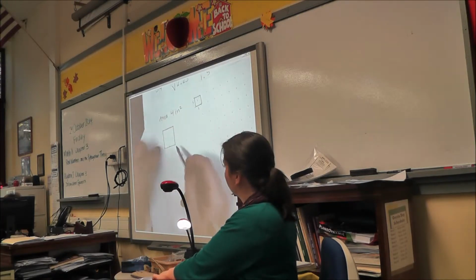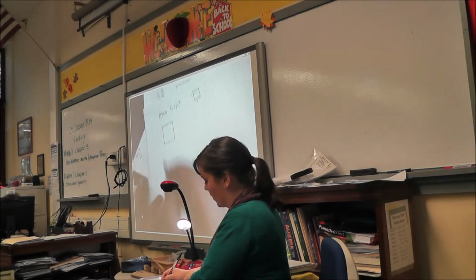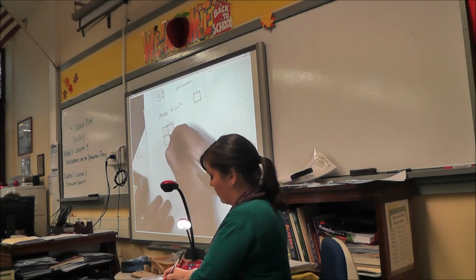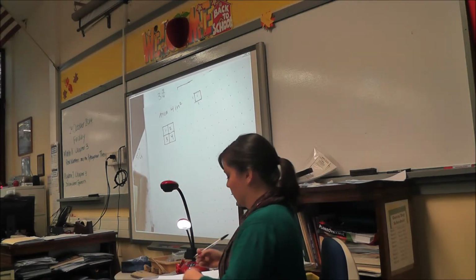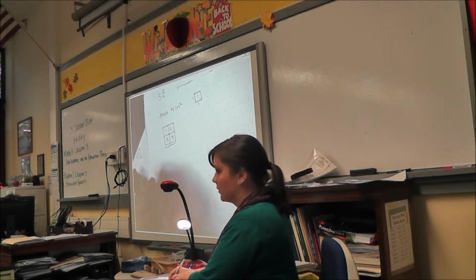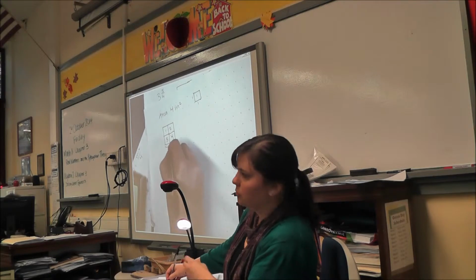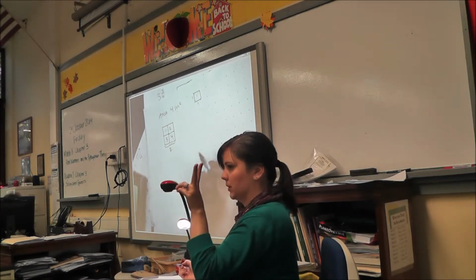Now I'm going to prove that this is, in fact, 4 square inches. So I see 1, 2, 3, 4. Is this area 4 square inches? Yes. What is the side length right here? 2. So I went 1, 2, so it's 2 inches.